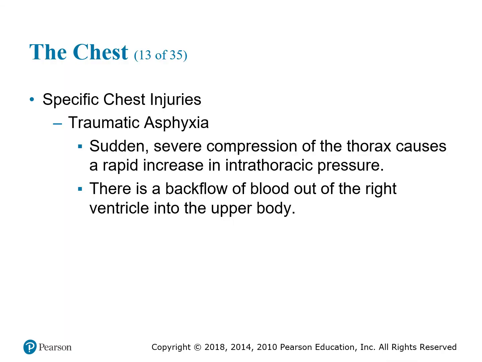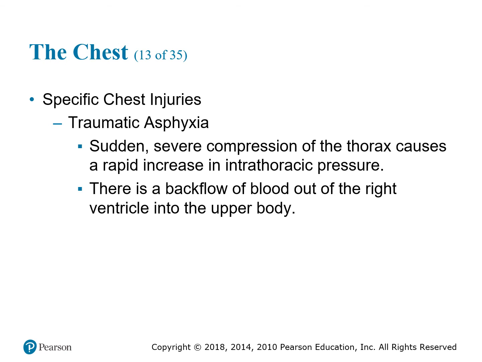All right, now traumatic asphyxia. Now that is where you have a compression of the thoracic cavity and we create a backflow of blood. All right, so we compress the heart and we compress the thoracic cavity so much that blood flows backwards. So with traumatic asphyxia, we're going to see jugular vein distension.